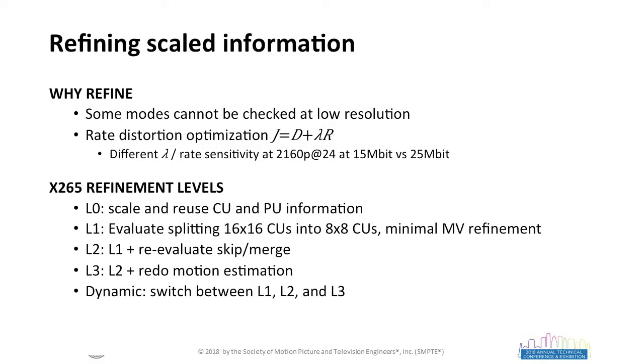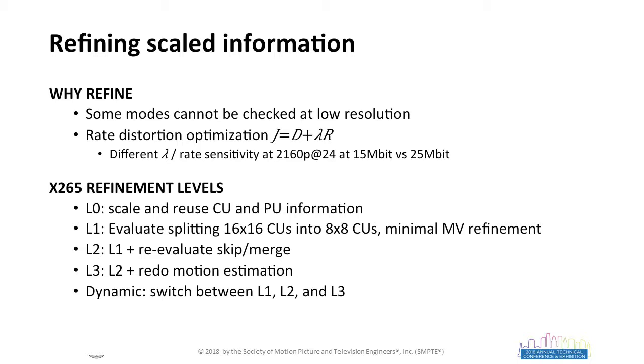So in x265, for instance, for the different levels of refinement, you can start with no refinement at all. You just scale the video, reuse the CU and PU information, and then do your encode. At level 1, you split 16 by 16 CUs into 8 by 8, and then take the scaled motion vector and do a minimal amount of refinement.